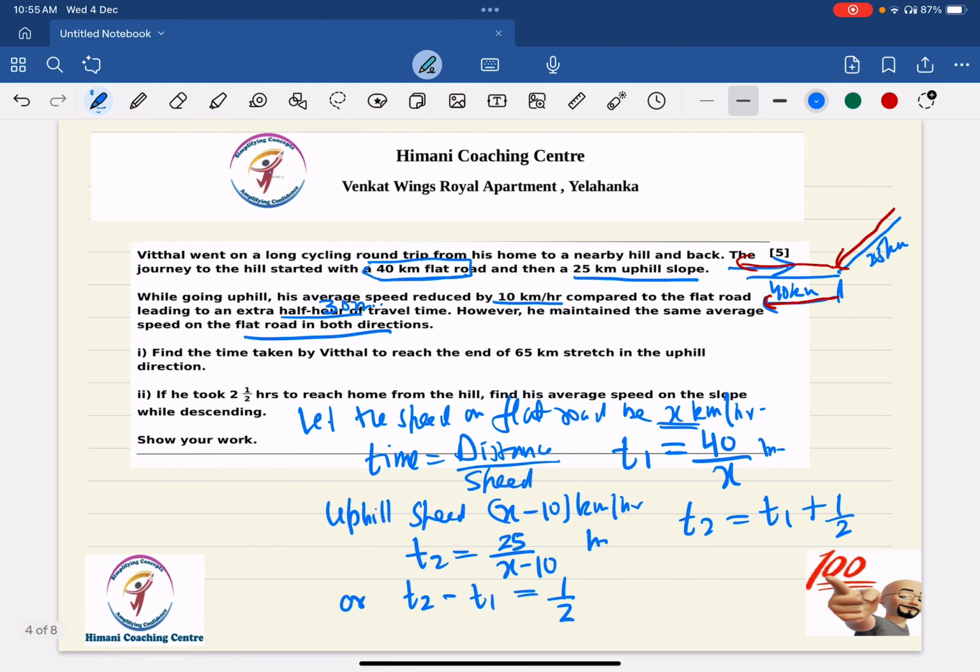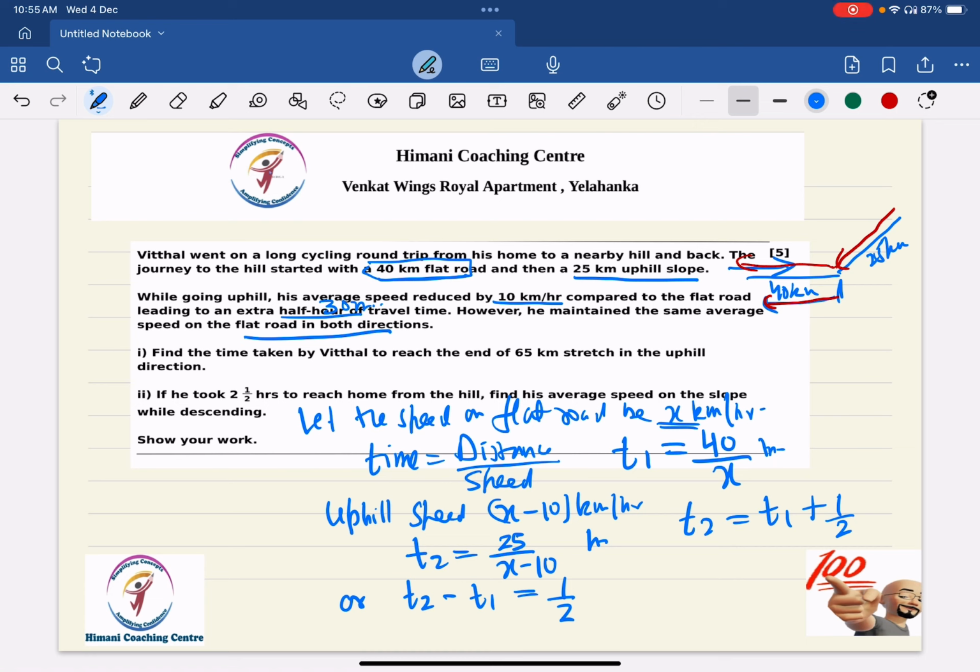Now, the question was, find the time taken by Vittal to reach the end of the 65 kilometer stretch in the uphill. So we have to find T1 plus T2.